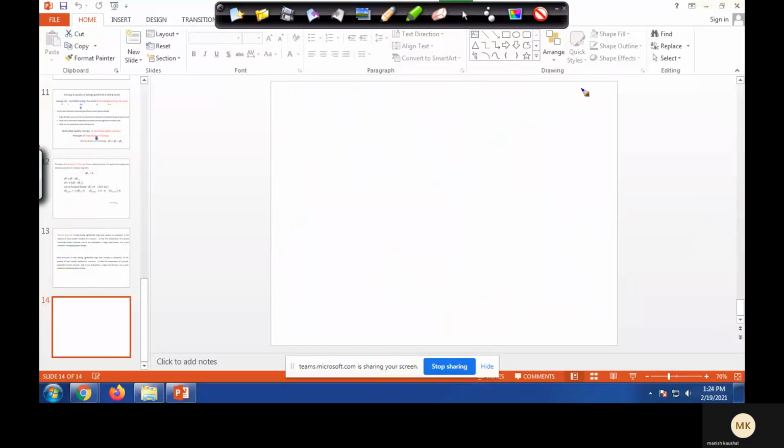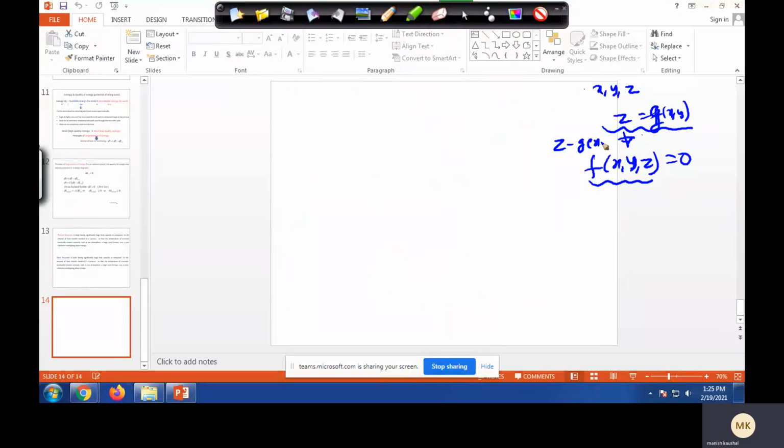It says that if you have three variables x, y, z, and z is a function of x, y, which is equivalent to saying f of x, y, z is 0, because it will be some equation in x, y, z. Say z is a function g of x, y. So z minus g of x, y is 0. With this I can say f of x, y, z is 0.